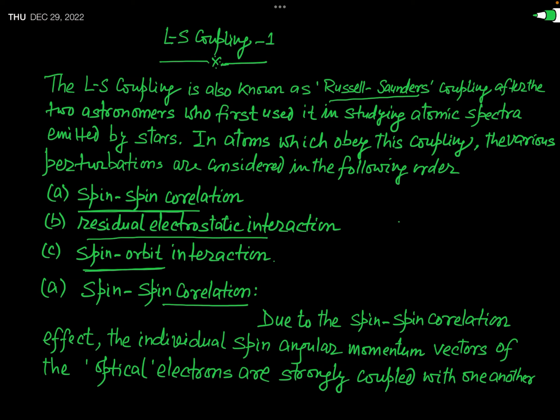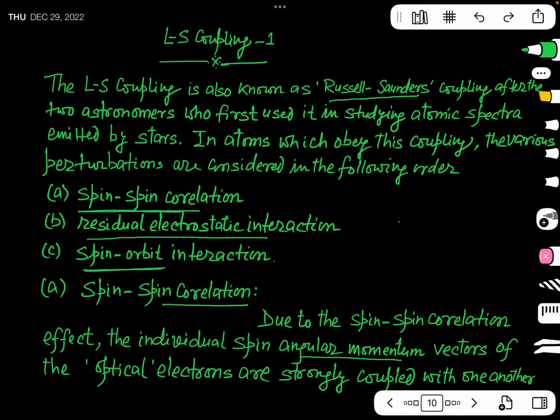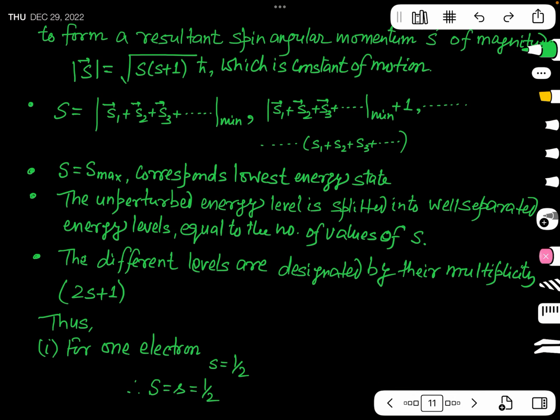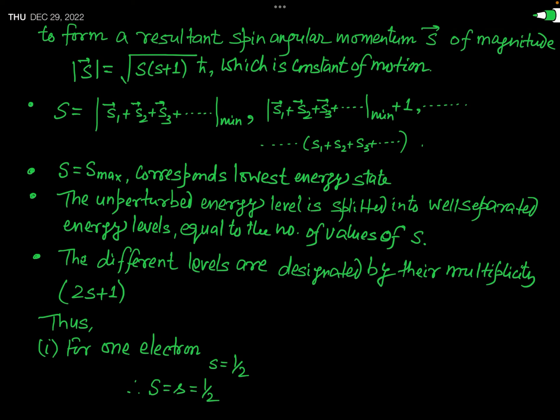As I have told you, when there is a spin-spin correlation effect, the spin angular momentum vectors of the optical electrons are strongly coupled to one another, and after that coupling we get the total spin angular momentum of the atom.